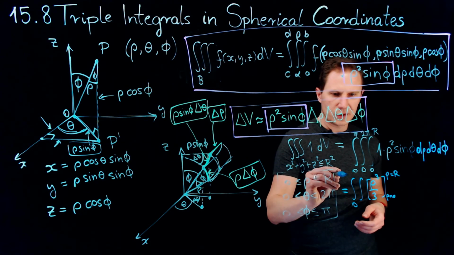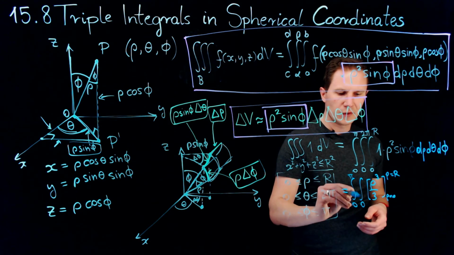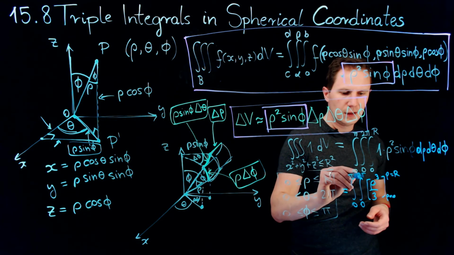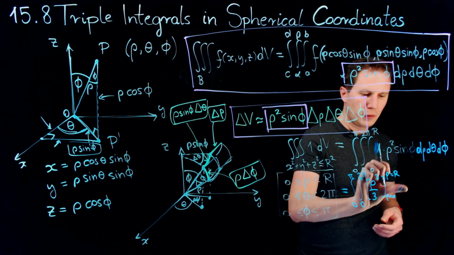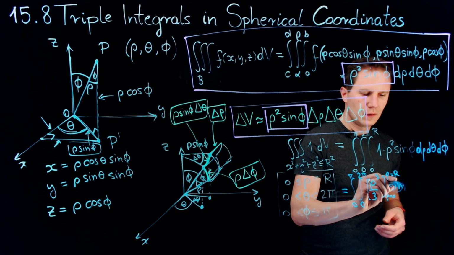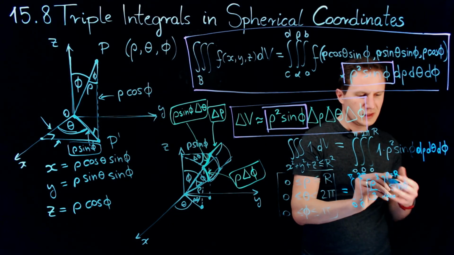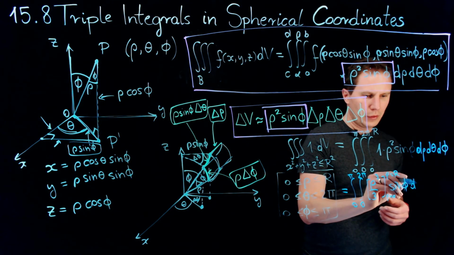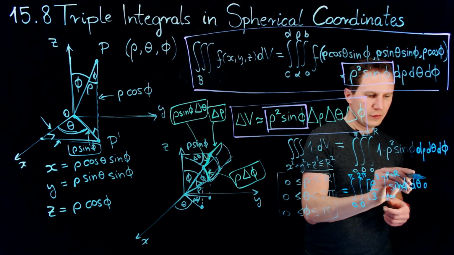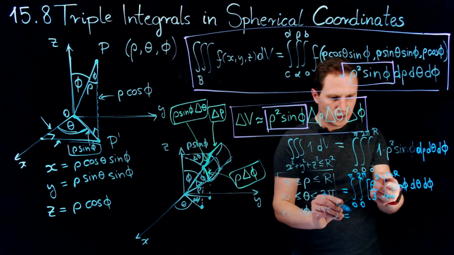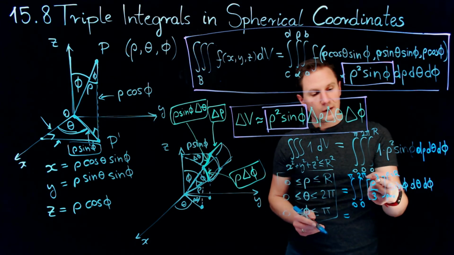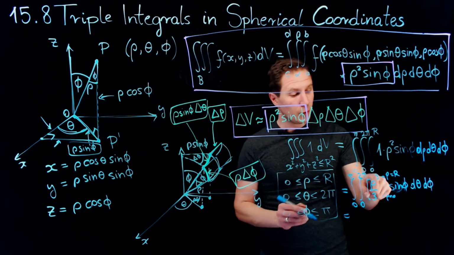Then we, of course, still have to integrate with respect to theta and phi, and the sine of phi factor is important. So this gives us capital R cubed over 3.